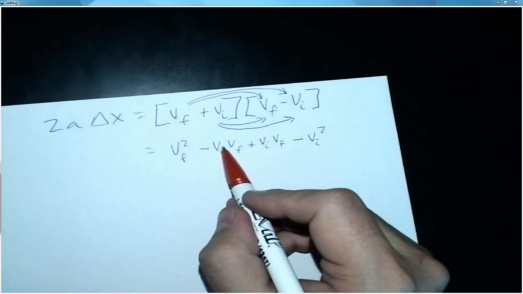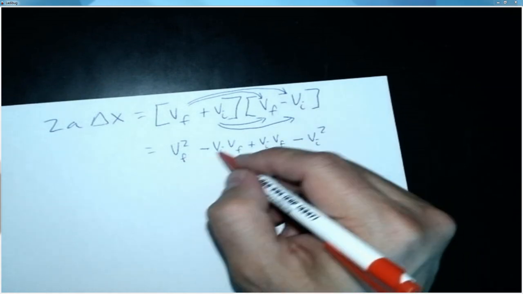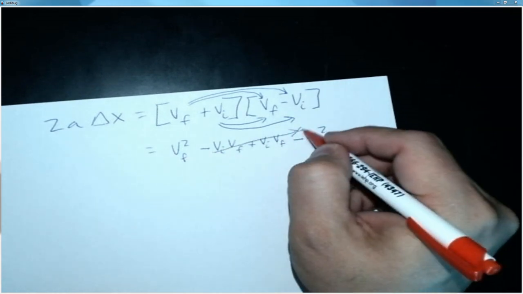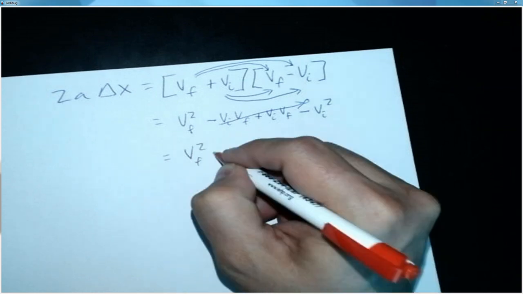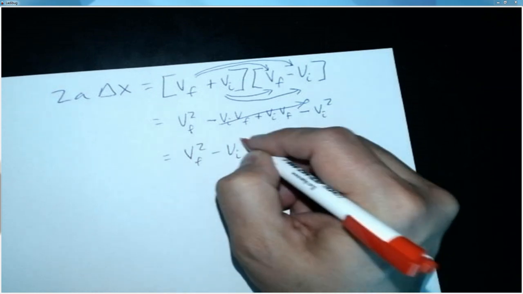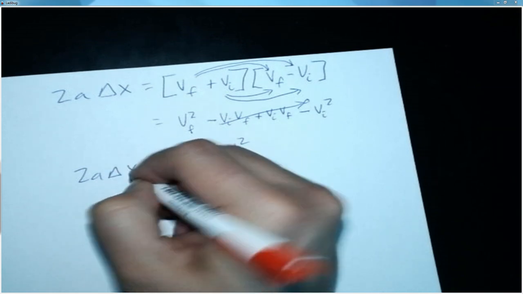Since VI VF and negative VI VF are opposites of each other, they annihilate, that goes to 0. And I'm going to get VF squared minus VI squared is equal to 2A delta X.